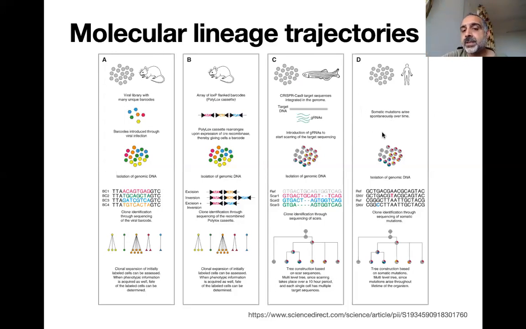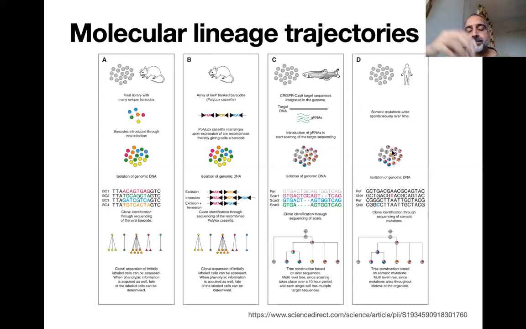This is certainly true in humans. Somatic mutations, for example in cancer, arise, and all of the progeny of those cells that contain those somatic mutations will have the same somatic mutation. And so just by tracking this particular mutation, you can start understanding where those progeny go.